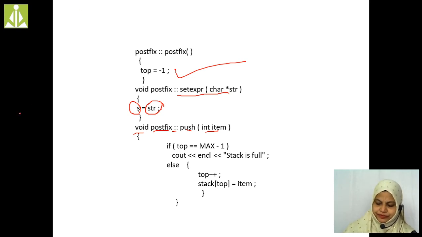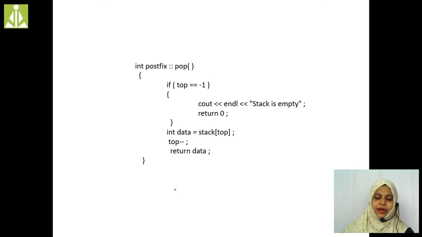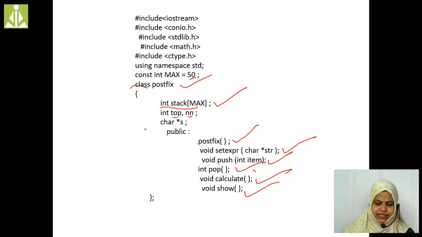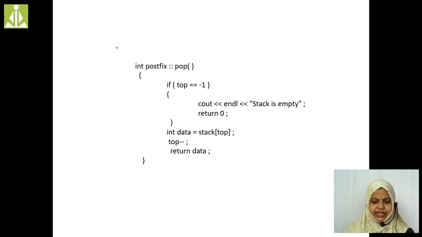Next, see here: if top equals max minus 1, the stack is full, else you have to increment the top value, top plus plus, stack top equals item. This is the insertion, right? Next is pop. What is the return type? Integer is the return type. That's the reason we have to take int, the return type, followed by the class name, then the function name, right?